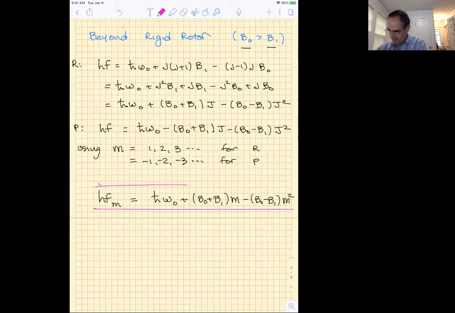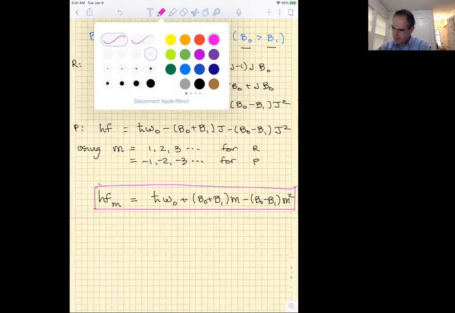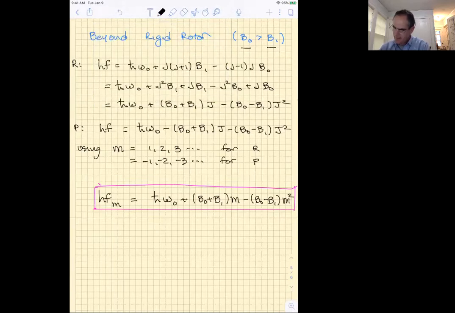And I'd just like to put a box around this and talk about this result for just a second. First of all, remember in this expression that the rotational constant is h bar squared over twice the moment of inertia.